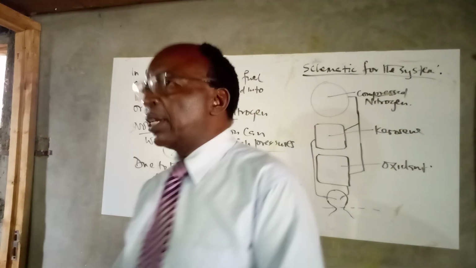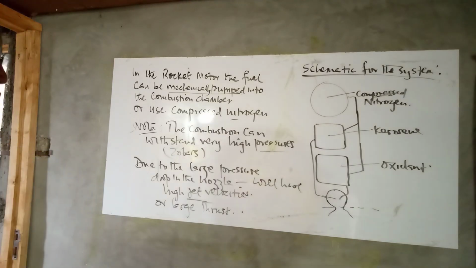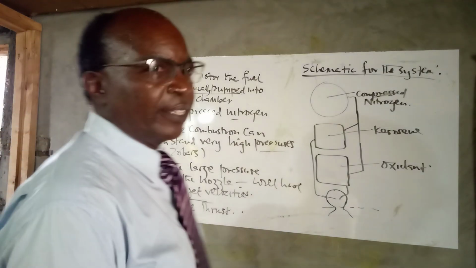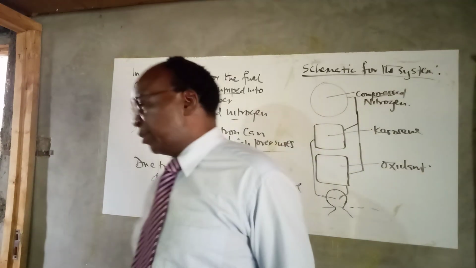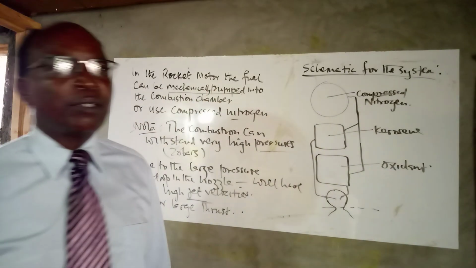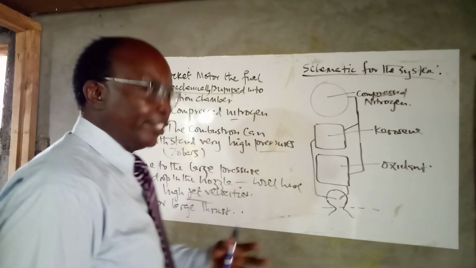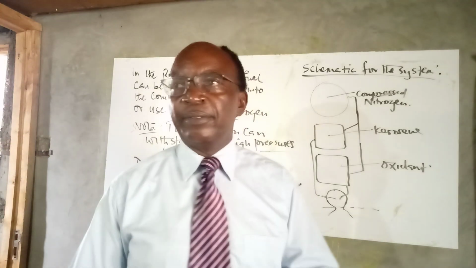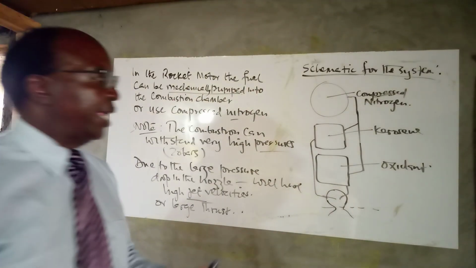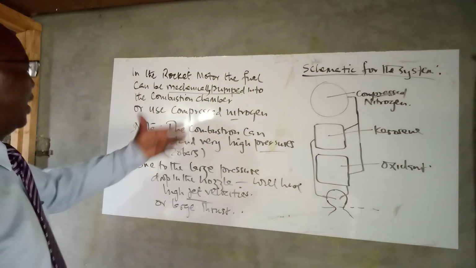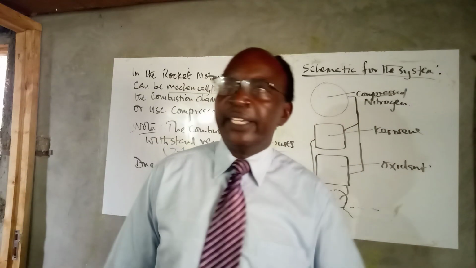So we have introduced ourselves to the concept and the unit which you call the rocket motor. The important thing is to notice that in the rocket motor, unlike in the case where atmospheric air was the propulsion fluid, the unit has its own propulsion fluid. It can be solid or liquid, and like I've said, it makes it very handy to use at high altitude or in outer space.